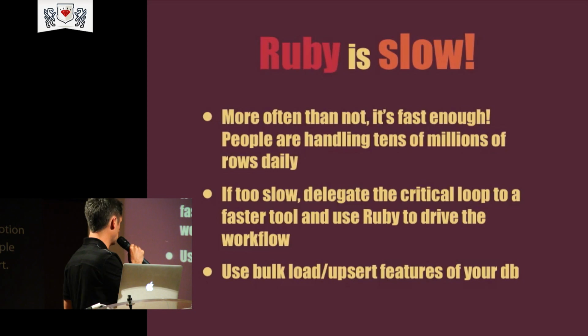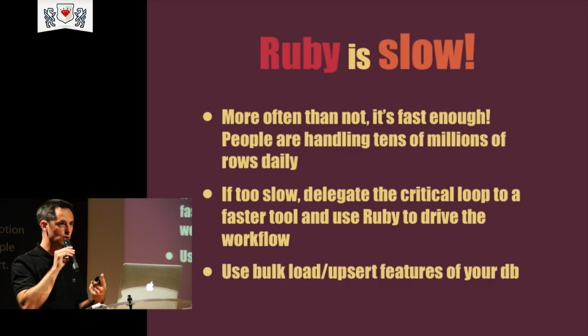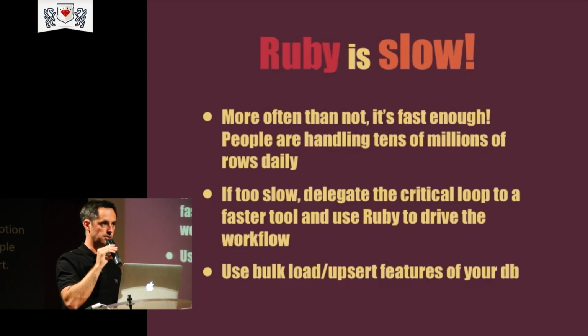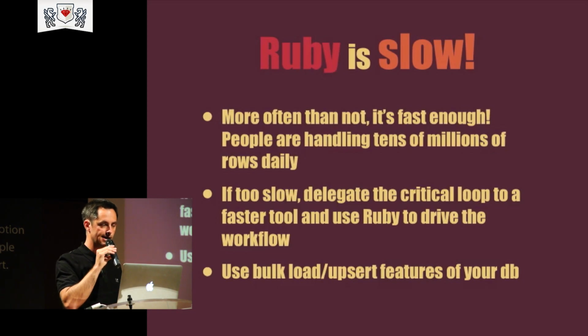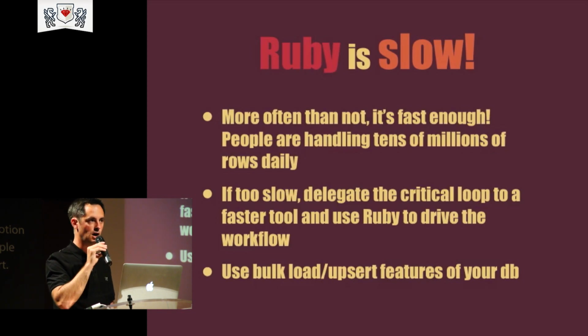And then, if it's too slow, like I wrote here, it's still possible to delegate the critical loop like you would do in regular Ruby with some C code. You can delegate a critical loop to a more specialized tool like Hadoop or whatever fits your bill. And then again, you can use the features of your database. Not that many people know that, for instance, MySQL is able to do the upsert that I described earlier.